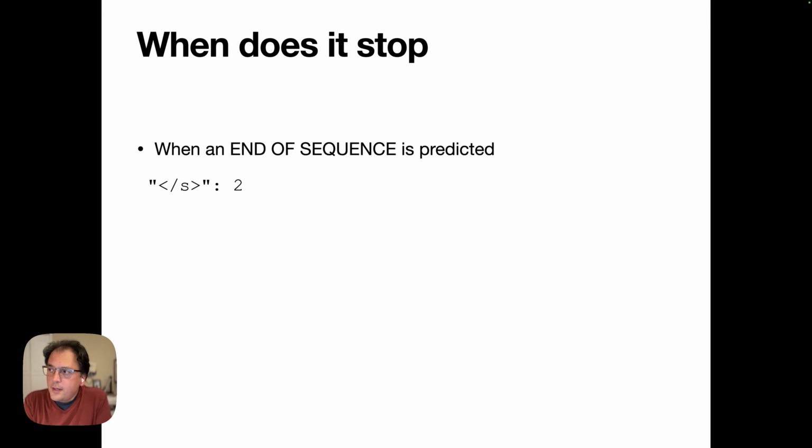So the LLM sees the end of sequence token, the slash s token, as any other token in the token list. At some point you will see that the end of sequence token will pop up in the list of logits.